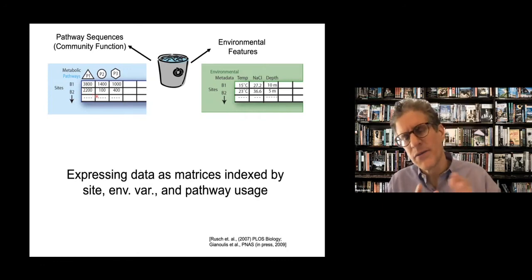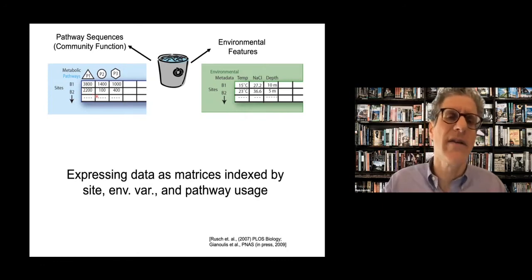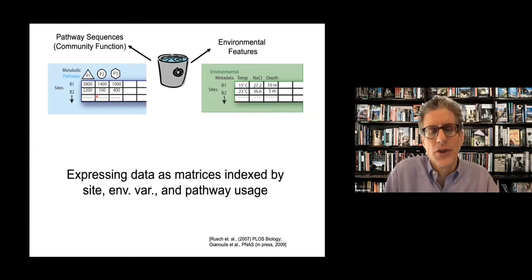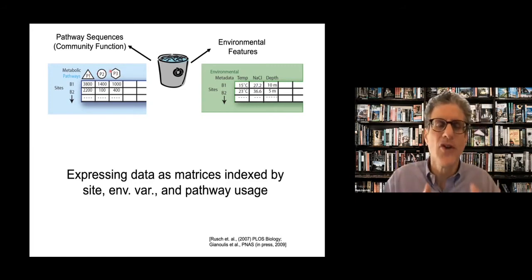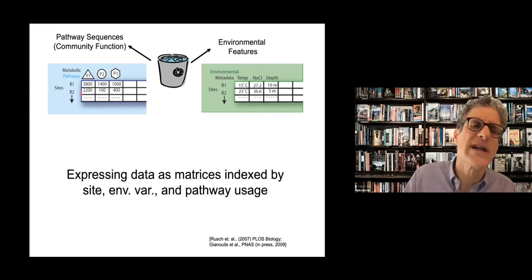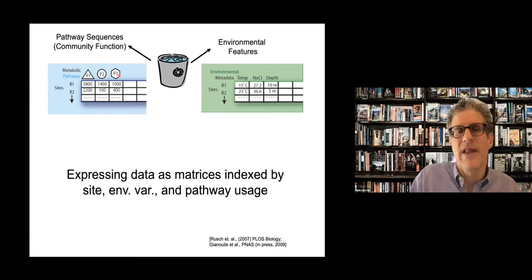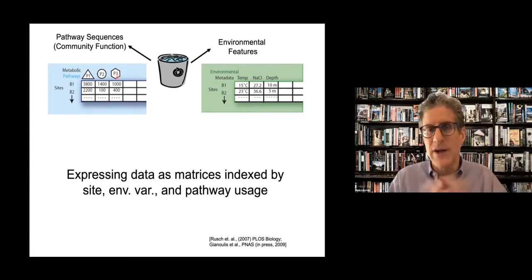From metagenomics, and I won't go into detail here, as opposed to assembling the genomes, we look at how much we have of, say, different gene families or different pathways and so forth. So it's what's called community functions. We have a matrix that has all the sites and the amount of reads that map onto a particular pathway or gene family. So we have our two matrices, okay?